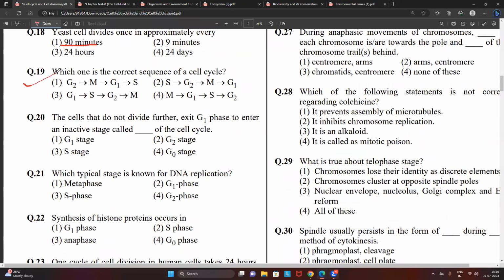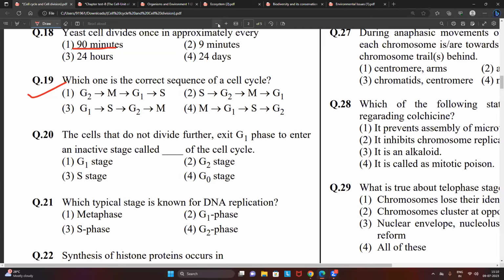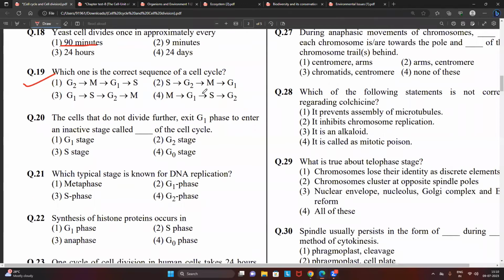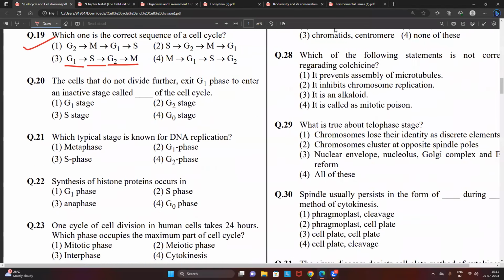Which one is the correct sequence of the cell cycle? Question number 19. So obviously G1 phase, S phase, G2 phase, M phase. The cells that do not divide further exit G1 phase to enter an inactive stage called as.